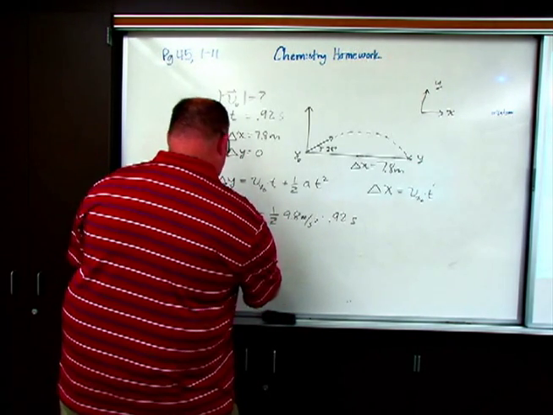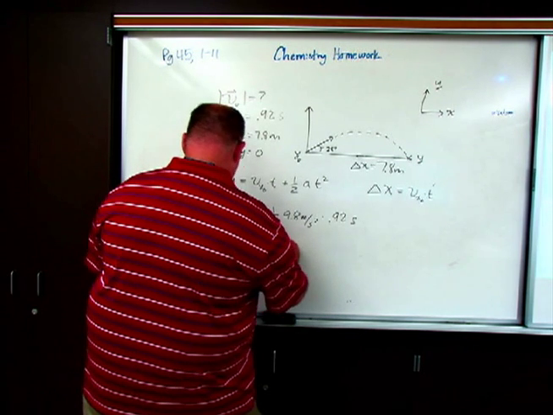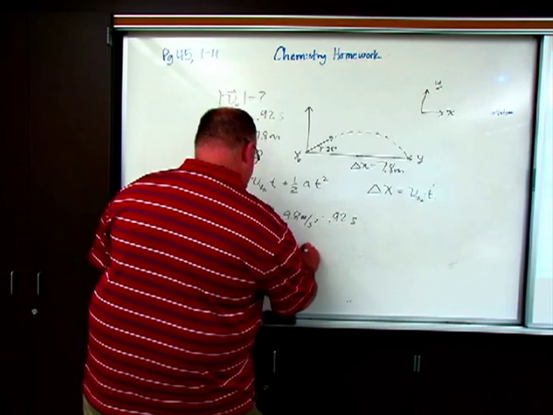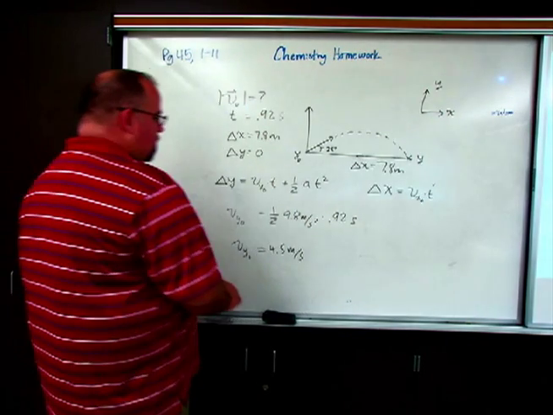So the answer for Vy sub 0 is 4.5 meters per second. Okay, so we're almost there.